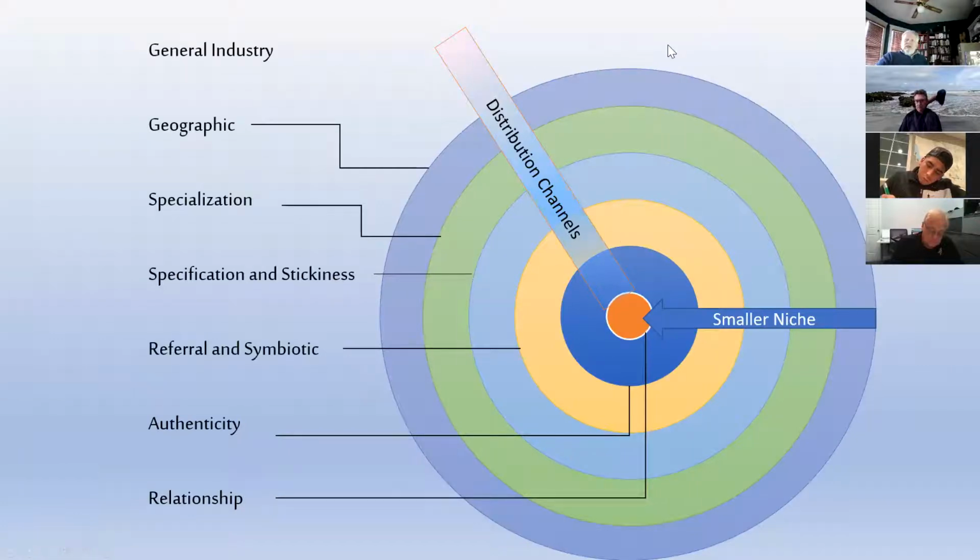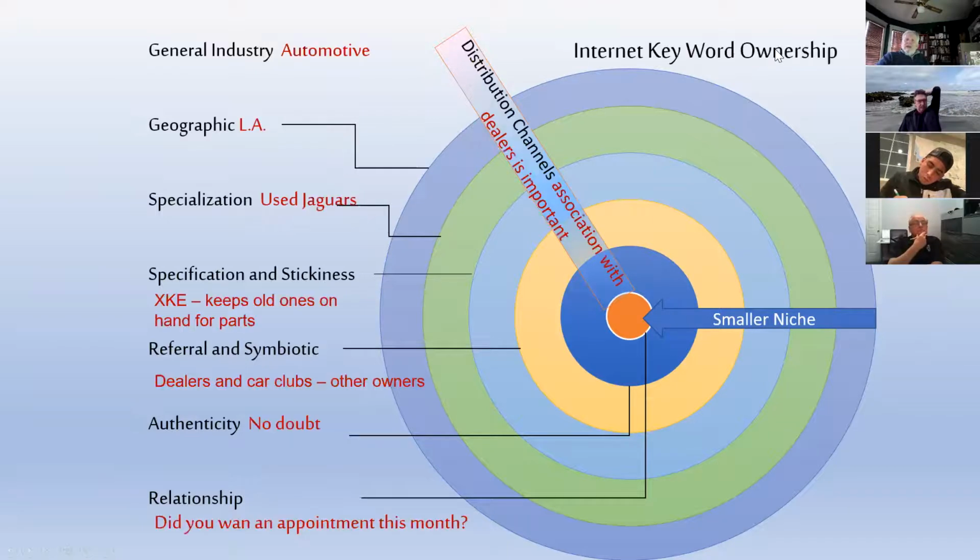Okay, we've seen this slide. I'm just going to run through it again because this has to do with proving your market acceptance, and doing so when you have a very small niche is always the very best way to do this. We've talked about the general industry, the geographic, and all these layers of specialization, specification and stickiness.